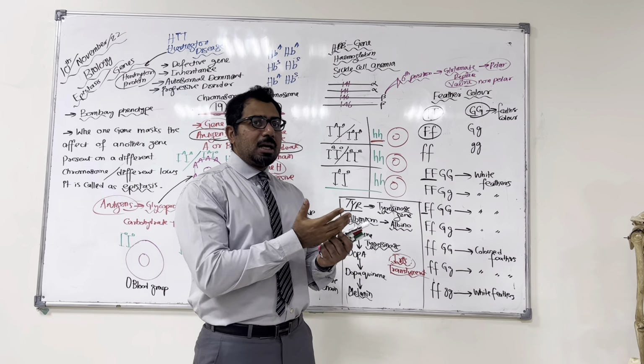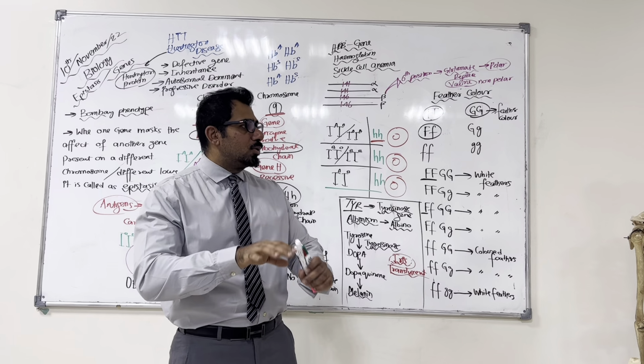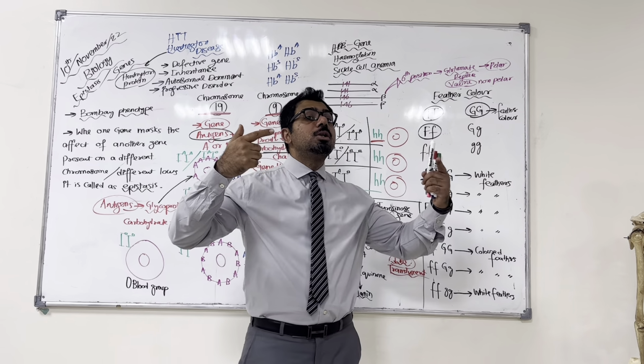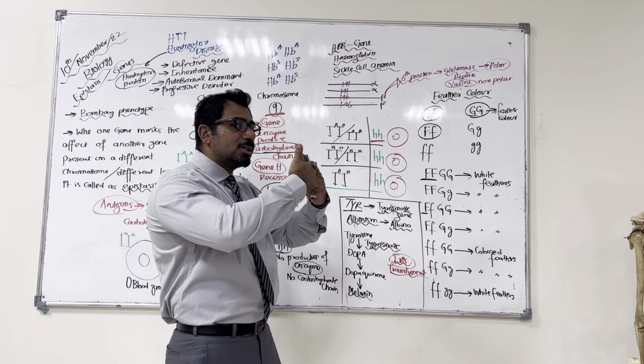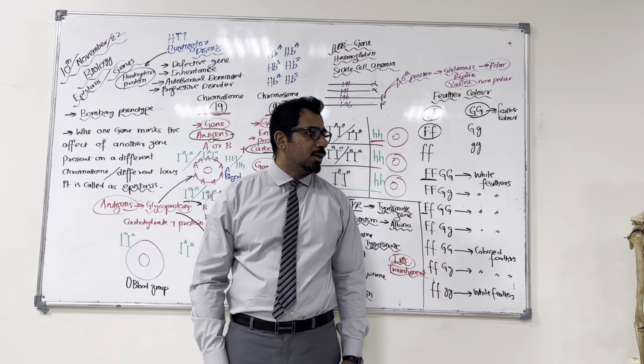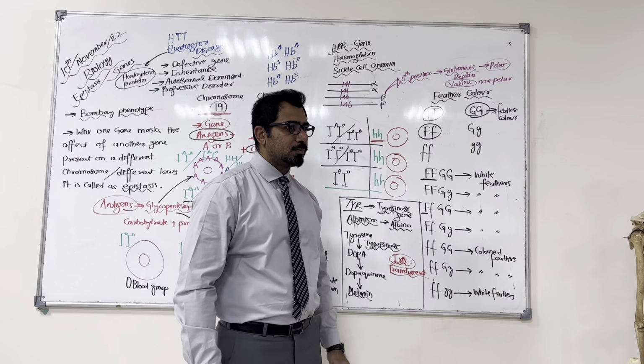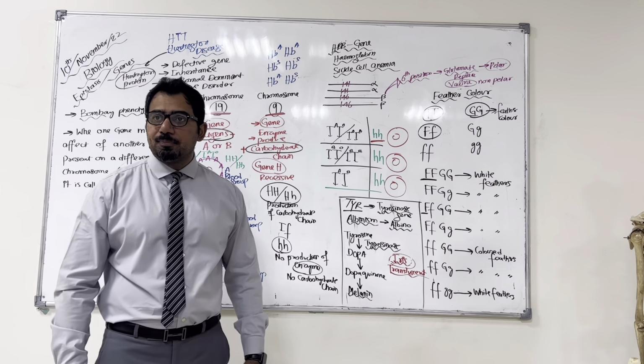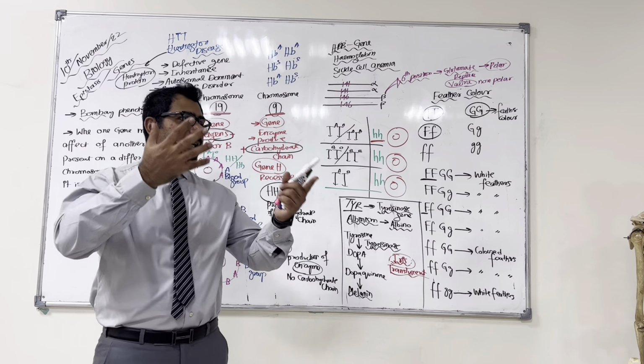In a computer there is a hard disk where the data is stored, right? How is the data being stored in your brain? Actually, new connections are being made, new synapses are being made in your brain. That develops the memory, right? So when physiotherapy is given, speech therapy is given.